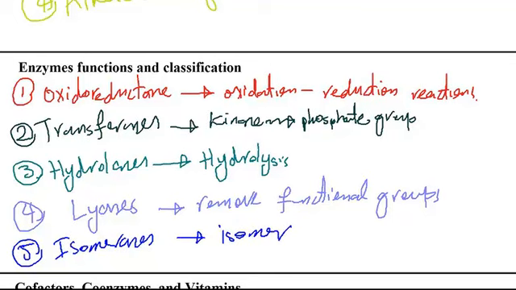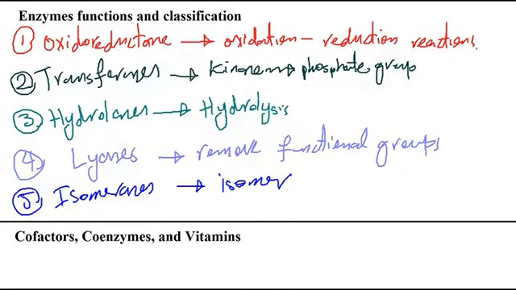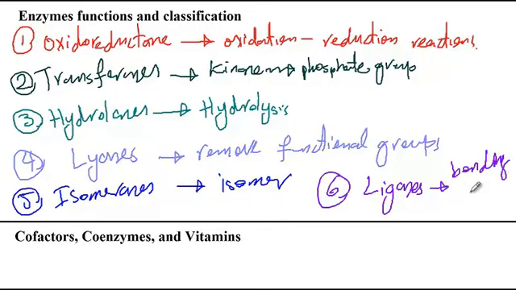And then lastly, number 6, we can have ligases, which will catalyze bonding of atoms. One example that I can give you is that if you have a DNA molecule and there is a nick in there, it's the job of a ligase enzyme to go in and join the 2 nucleotides together.